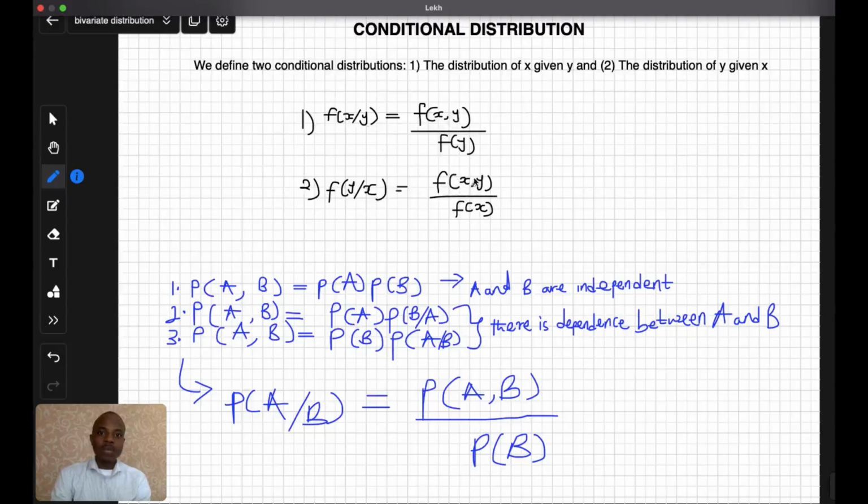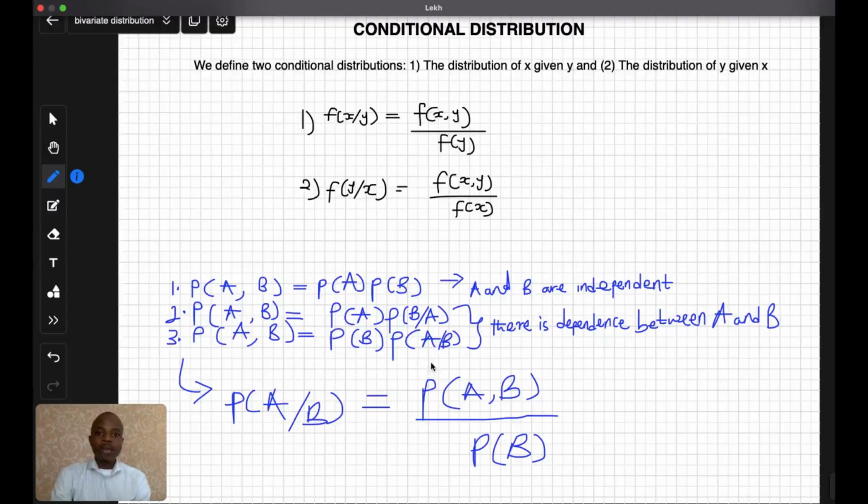You just put f of x comma y as the numerator in both cases. But in the first case, f of x given y, you use f of y as the denominator because y is down. In the second case, because x is down, you put f of x as the denominator. All right, so that's the similarity between this and this. It follows the same or a similar process.